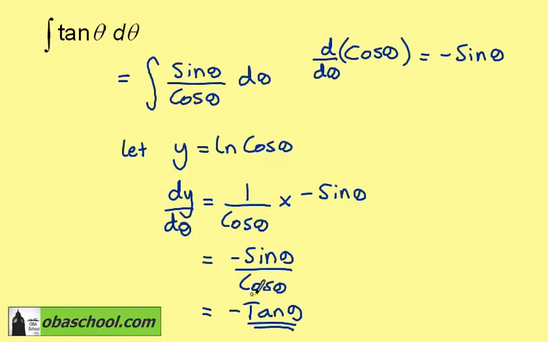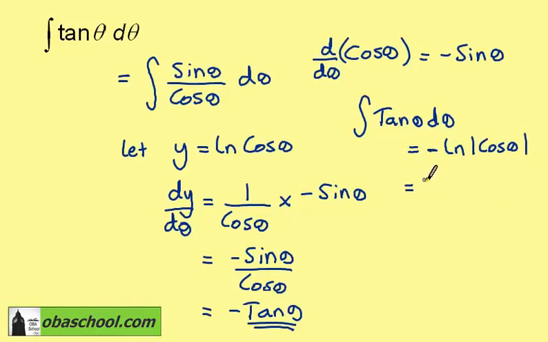It follows that if this is minus tan theta, integrating would give us log cos theta. Differentiation and integration are reverse processes. So if we're integrating tan theta instead of negative tan theta, we should get minus log cos theta.